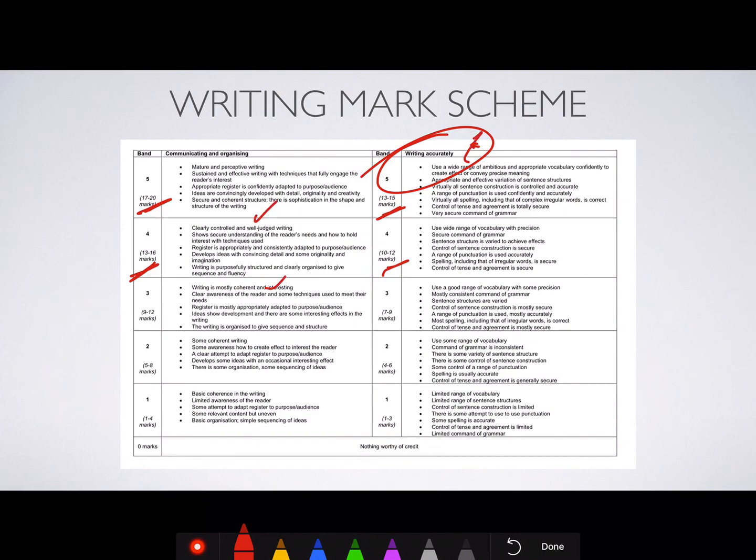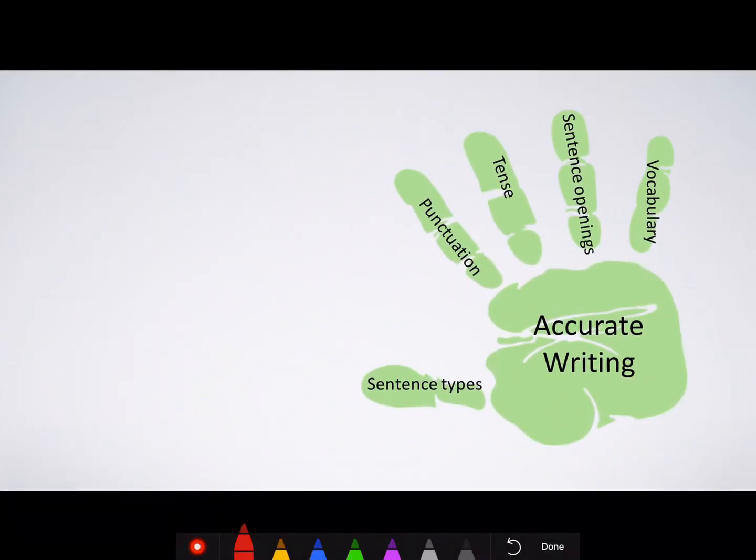So it's important that we get this right to help us on our way. As I showed you before, I talk about it through these 5 focuses, or foci: sentence types, punctuation, tense, sentence openings, and vocabulary, and each one contains a different focus that you need to consider when writing your pieces.